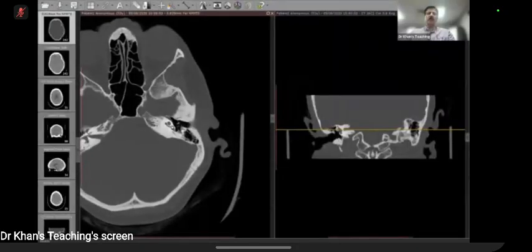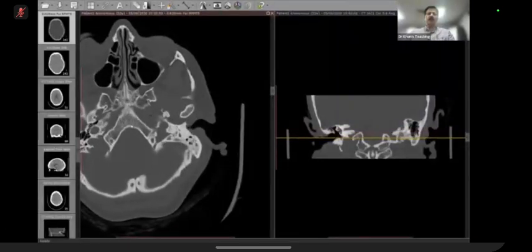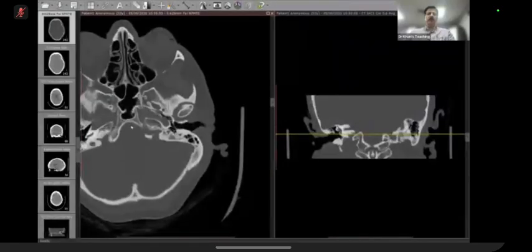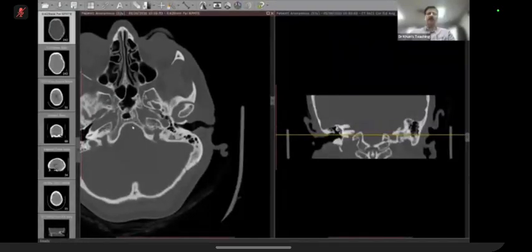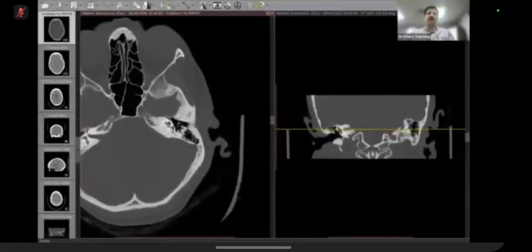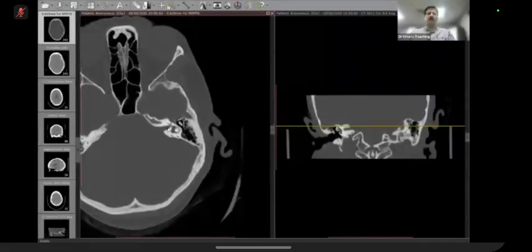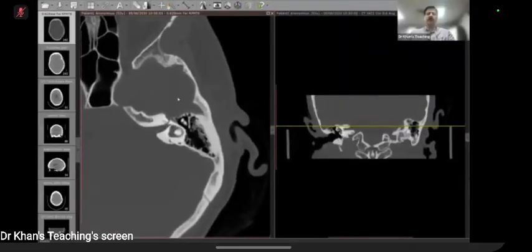But let's have a more global view now. If we go back, this is the clivus, and then we have the internal auditory canal. So this is the cochlea. And as I'm going superiorly, let me make it bigger.